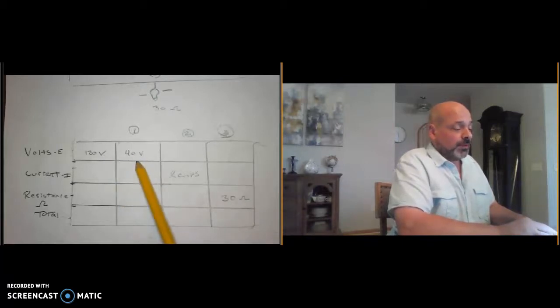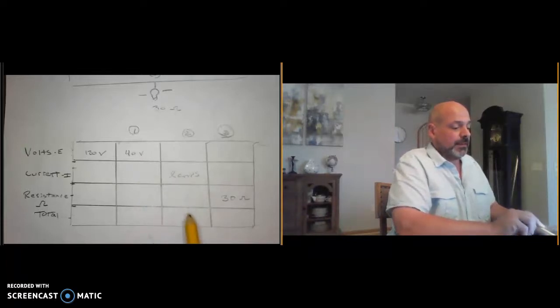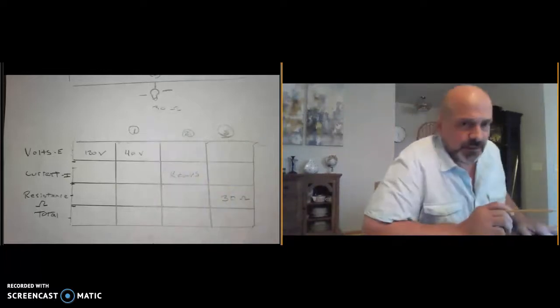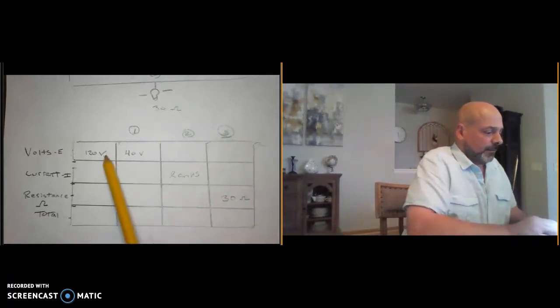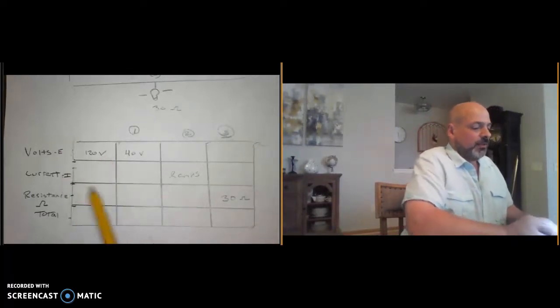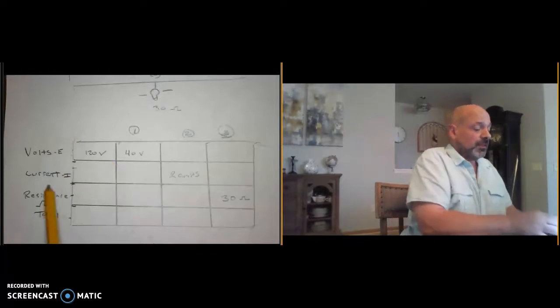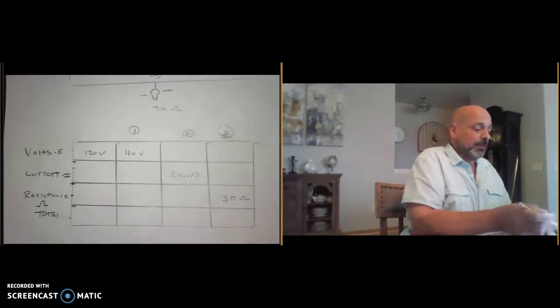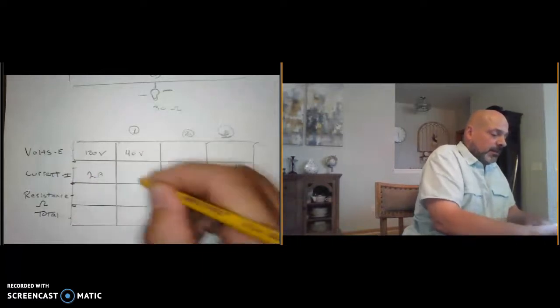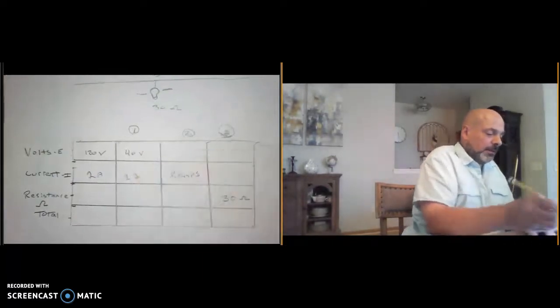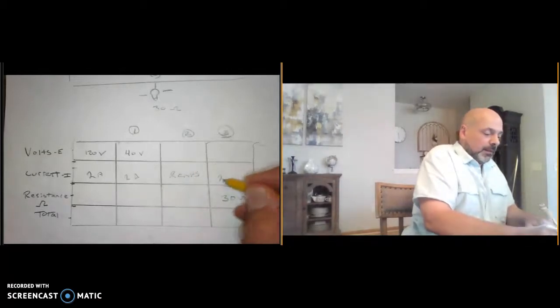We have 40 volts at the first load and 2 amps at the second and 30 ohms at the third. So we need to fill in the values that we already have. Using the rules, current is the same everywhere. So we can assume there's 2 amps here, here, here, and here.